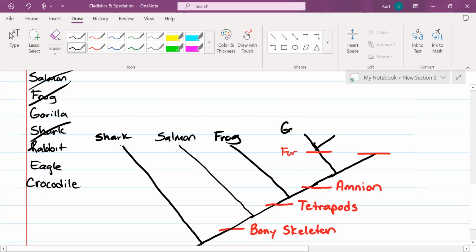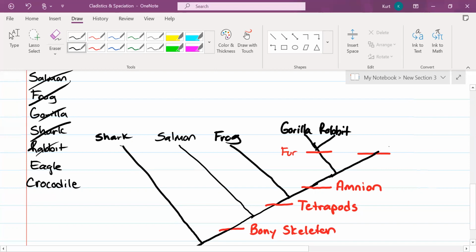So we had the gorilla and the rabbit. You know, you could have said, well, you can't say warm blood because the eagle is a bird and birds have warm blood. Maybe you could have said mammary glands because they're both mammals. They produce milk. Now it could have been a possibility. Remember, this is all hypothetical.